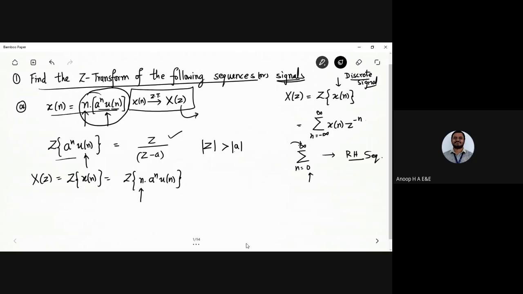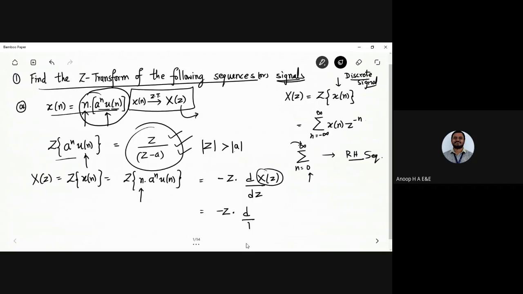Any signal which is multiplied by n, its Z transform will be minus Z multiplied with d by dZ of X of Z. So it is minus Z into d by dZ of X of Z. So I need to take the differential operator of the given X of Z. This is what I need to differentiate here.